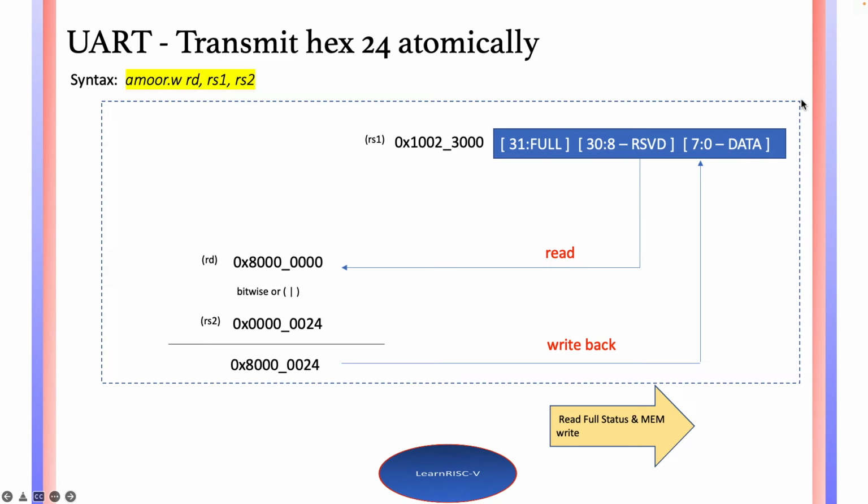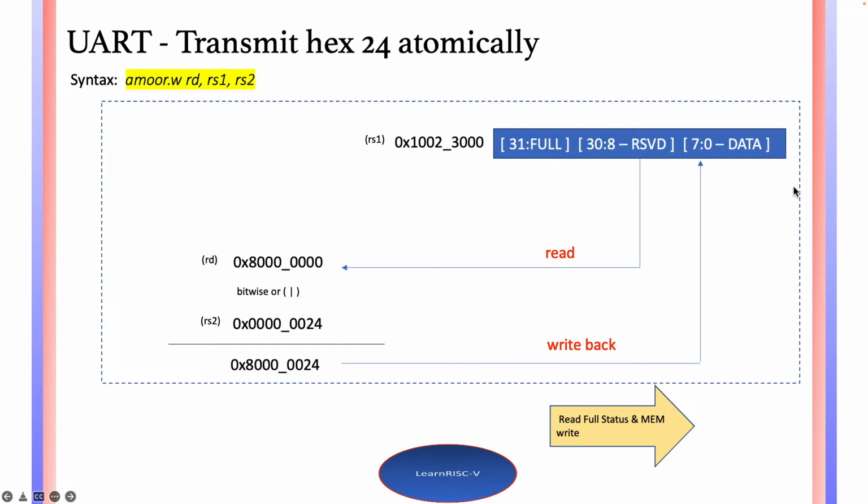Okay, now after writing back, if you check the MSB and it is 1, that means for sure this byte is dropped. And if it is 0, that means this byte has been written successfully and transmitted through UART.